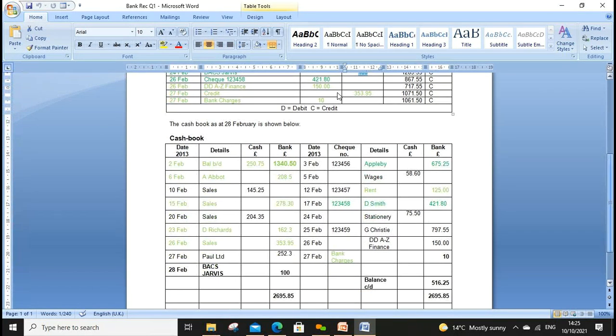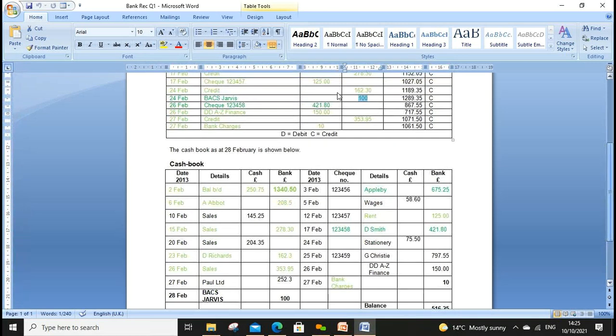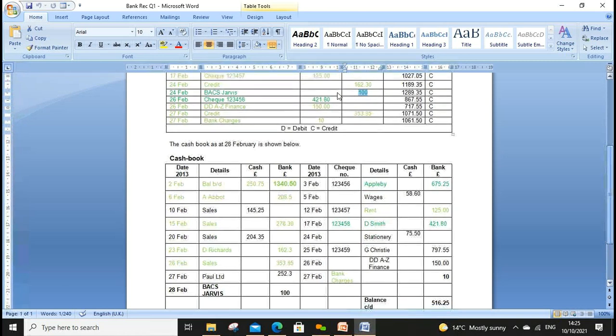So £100 money in from Jarvis. You will see there £100. That's what we added. So here £100 should be on the debit side, but it wasn't there, so we added Jarvis £100.